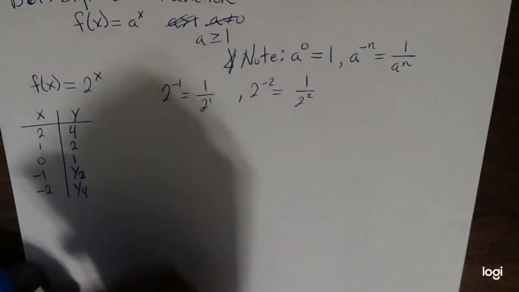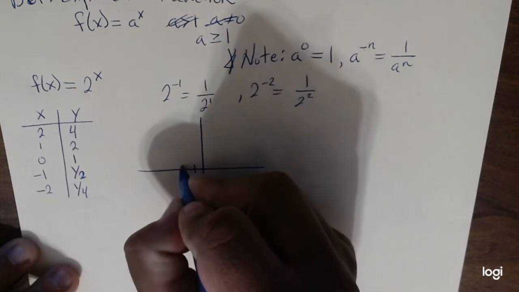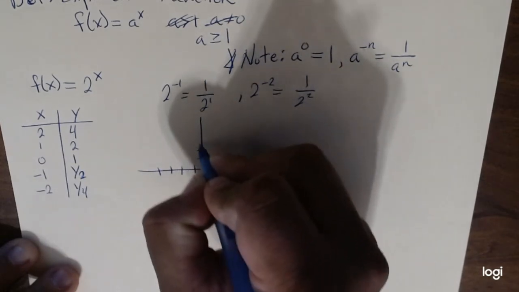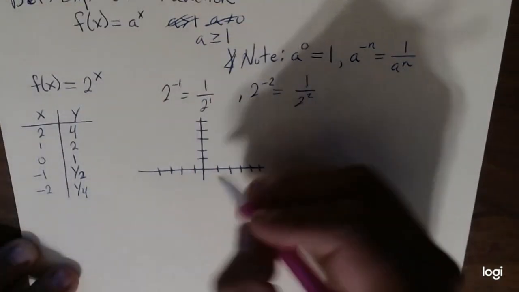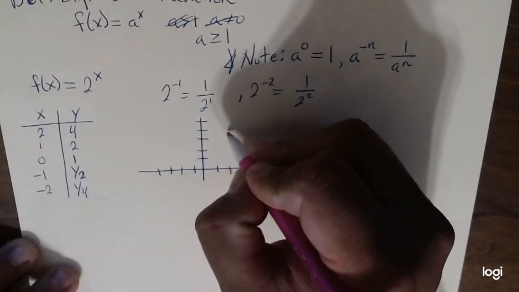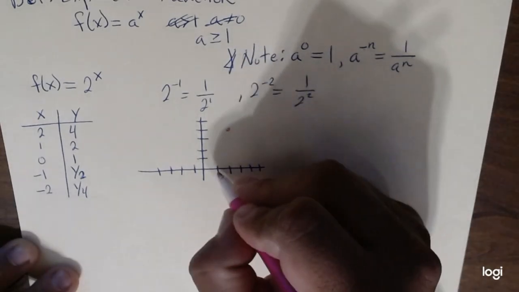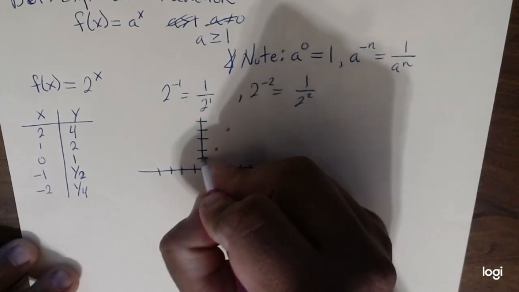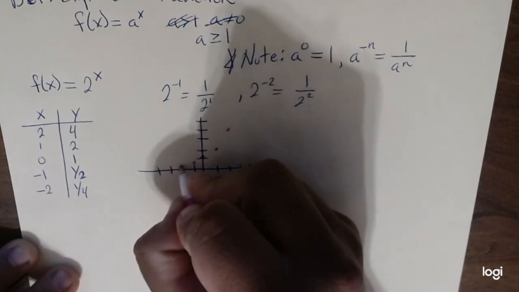So if we graph this now, let's see how it looks. First is 2, 4; 1, 2; 0, 1; negative 1, 1/2; and negative 2, 1/4.